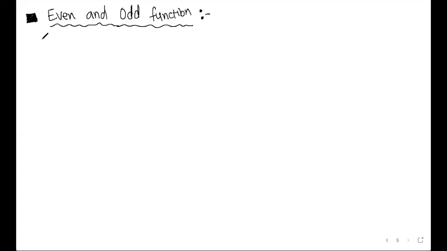So let me give you the definition for even and odd function. Let f be a function.